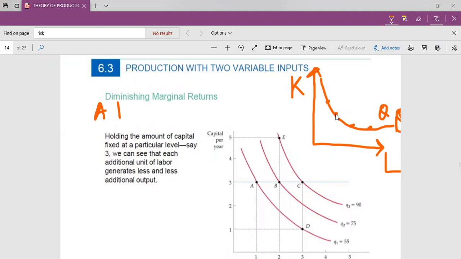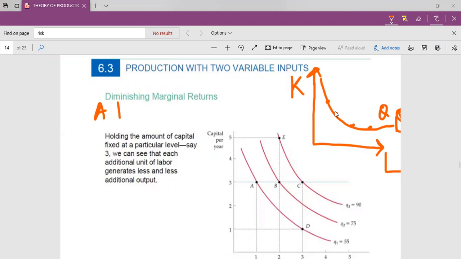So it is a locus of points that shows combinations of two factor inputs to yield a given amount of output.